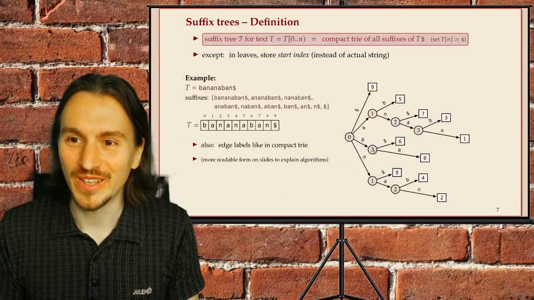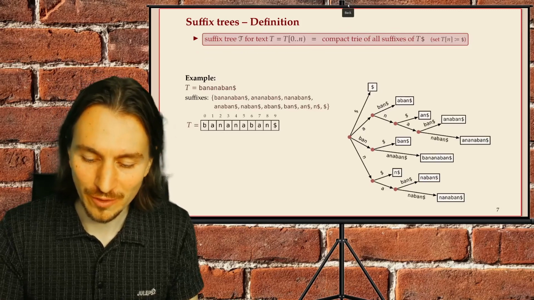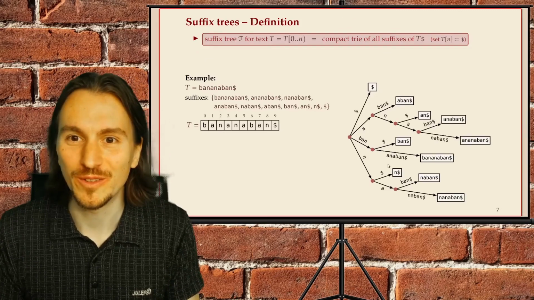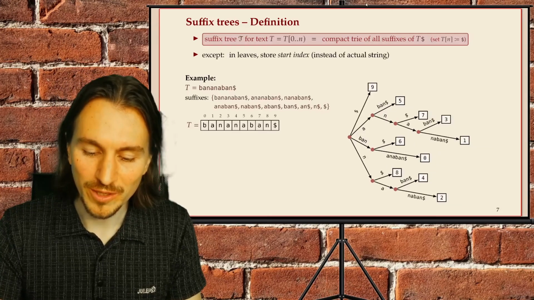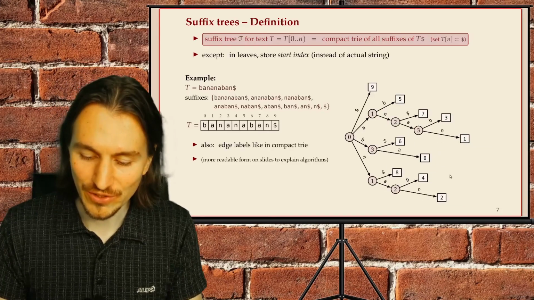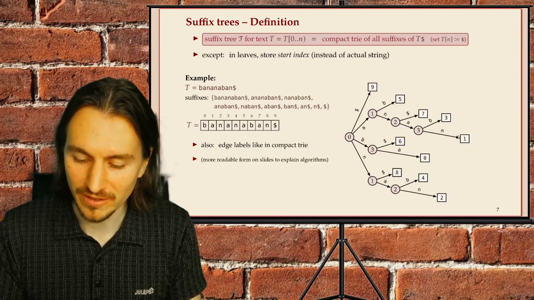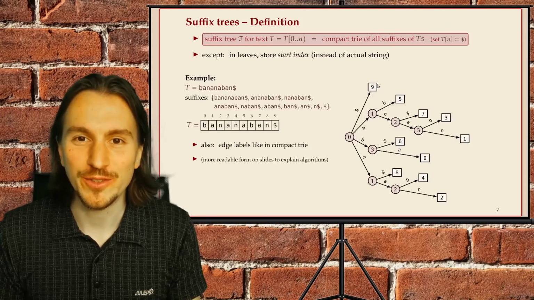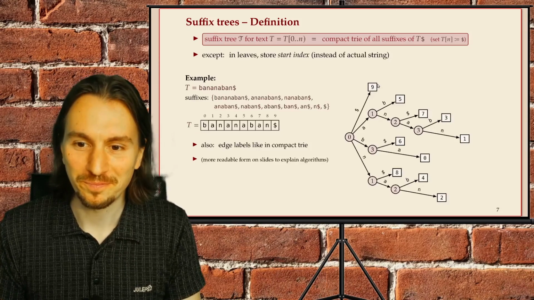So this is what you should have in mind when you try to work with suffix trees. But if you program them, what you really do is the compact trie as we've seen it before, and the leaves only store the starting index of the suffix.